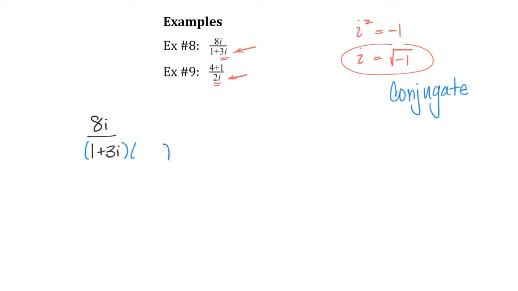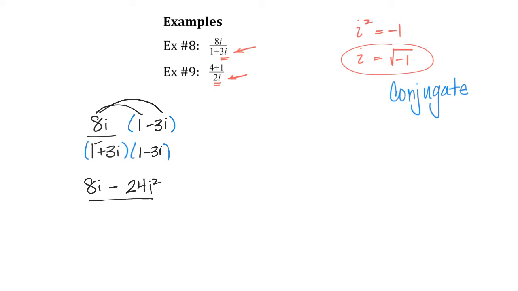So I have 1 plus 3i, and I'm going to multiply that top and bottom by 1 minus 3i. And I'm using parentheses just so that I don't forget to distribute. So here we go. 8i times 1 gives me 8i minus 3i times 8i is going to give me 24i squared.